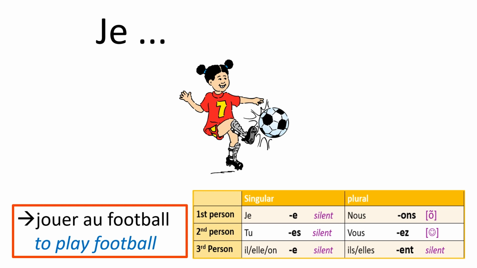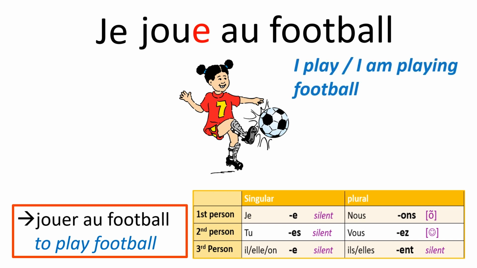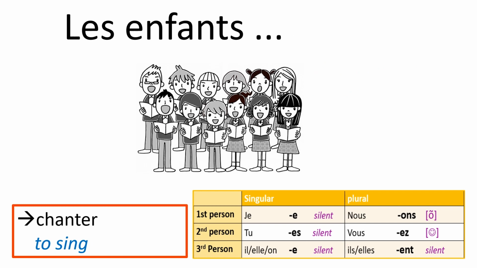Let's practice together and work out the ending of this sentence. You have information at the bottom of the page to help you. So, je joue au football. Note that the E is silent. Je joue. Les enfants chantent.